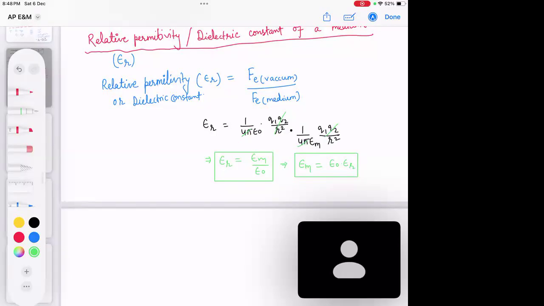The vacuum permittivity, epsilon naught, we use most of the time in questions and it is always known to us: 8.85 into 10 to the power minus 12 Coulomb square by Newton meter square.